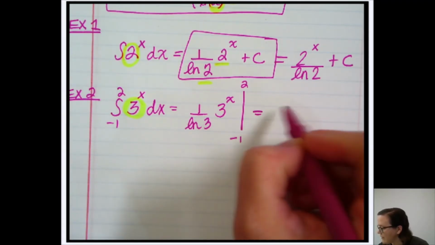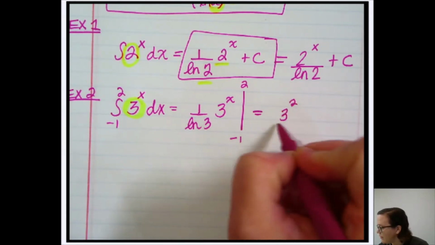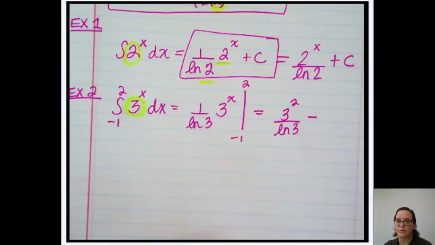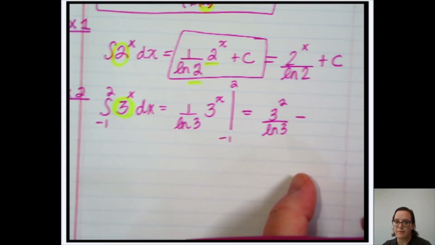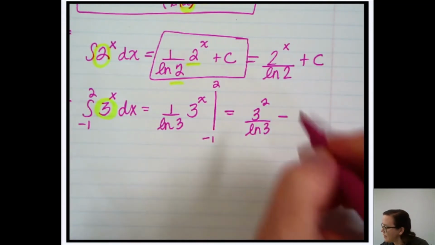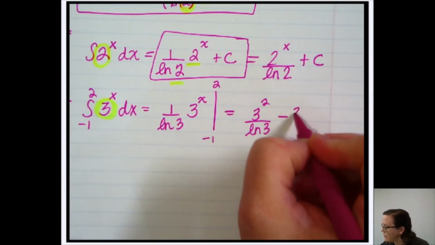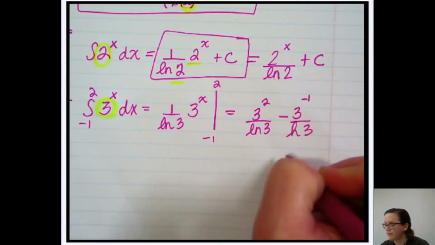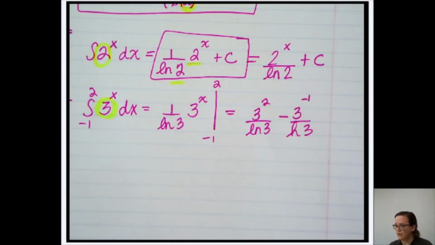I'm going to rewrite this as 3 squared over the natural log of 3, and remember, we subtract when we do our endpoints, minus 3 to the -1st over natural log of 3. There are different ways you could write that.